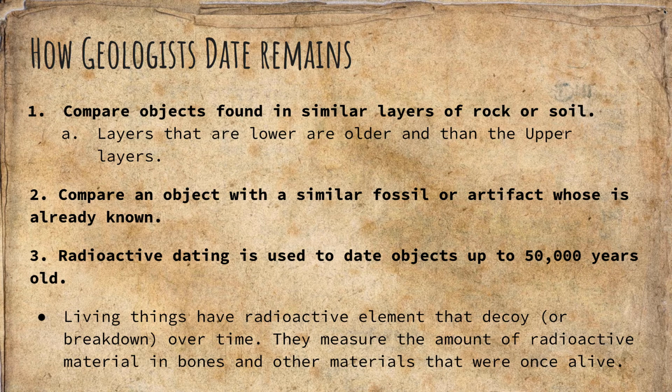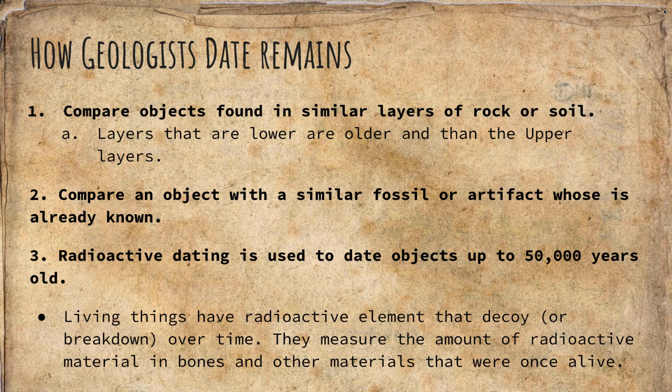So they would take a rock that might look the same and compare it with a rock that they just found, just to see if this is the right place it should be. Number 3, lastly, radioactive dating is used to date objects up to 50,000 years old.